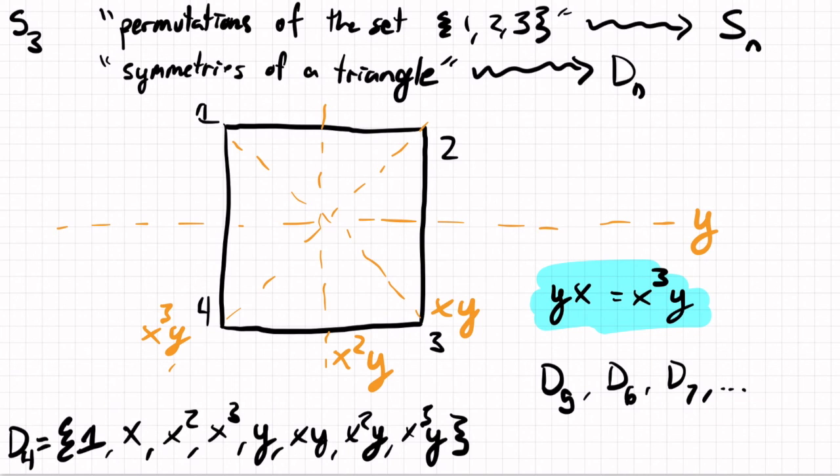And what will happen is, much like D4, you'll be able to generate the group with an element y, which is a single reflection, and a single rotation x. And you'll have the relation yx equals x to the n minus 1 y, where n, of course, is the n in Dn. So that's Dn.